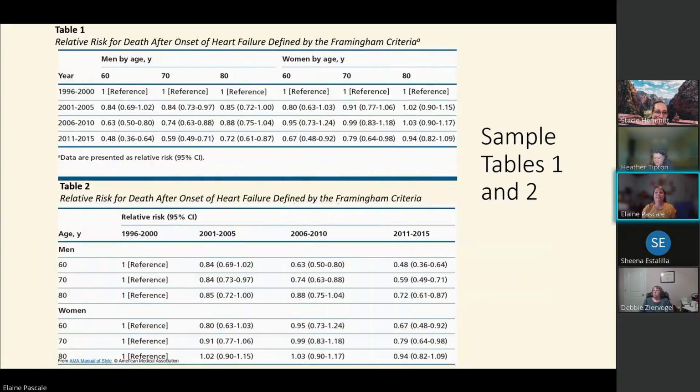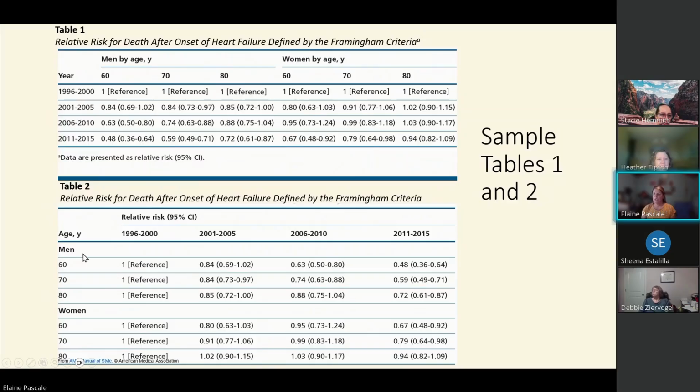We are writing in English, so we are reading a page from left to right and top to bottom. So think about that when you're filling in your data. These two tables have the same exact information. The top one I find confusing because I'm reading from left to right. So I have all these years, and I'm looking up and I'm seeing men and I'm seeing women.